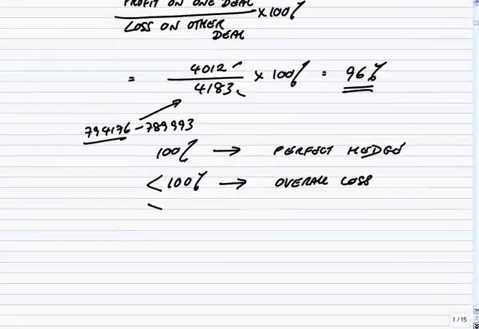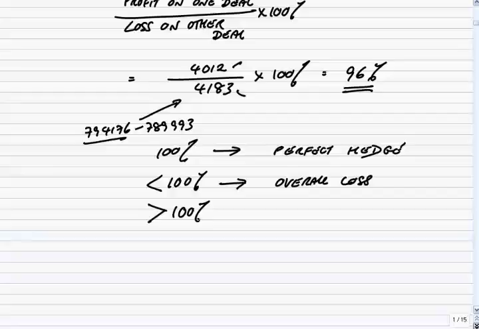Equally though, you can end up with hedging efficiency of more than 100%. If you did ask it and you did get more than 100%, don't worry. In the past, people have worried they must have made an error, but no. It is possible, mainly because of this contract size limitation. It is possible that you end up with a profit bigger than the loss, but again, they don't match completely.